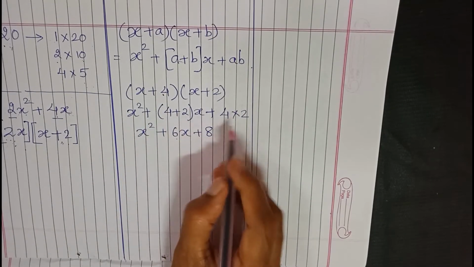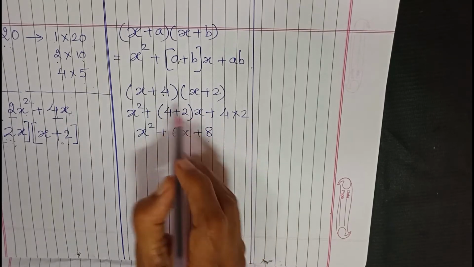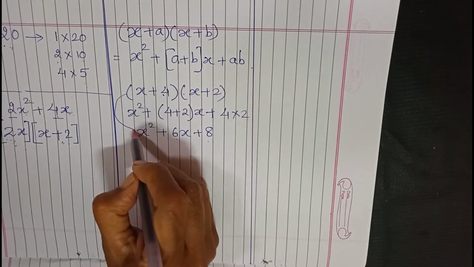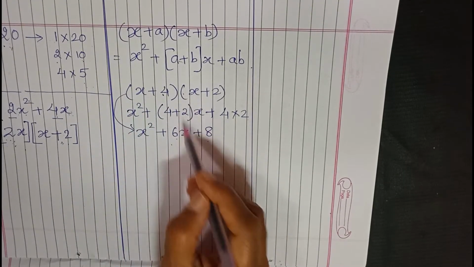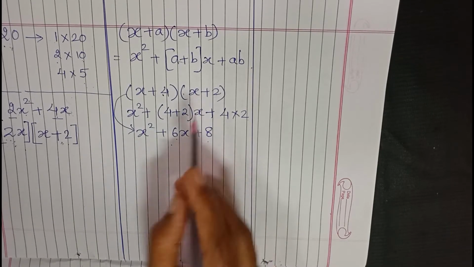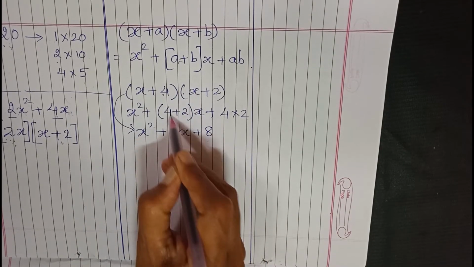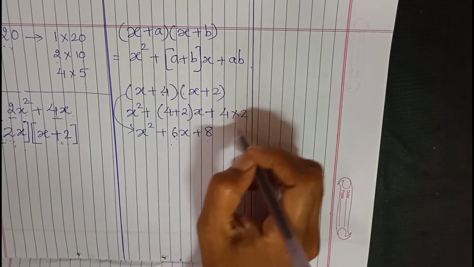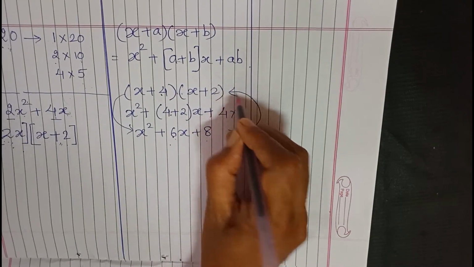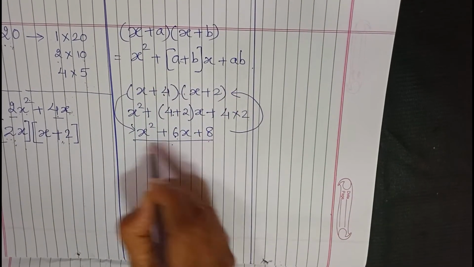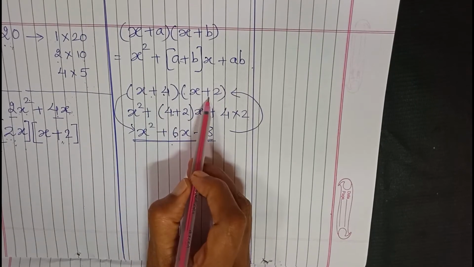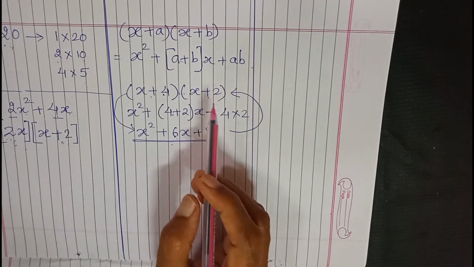4 plus 2 is 6 and 4 into 2 is 8. So you can see from here we got an algebraic expression. So this was expansion. But when you go the reverse way, that is from down to up, then it becomes factorization. That is when I convert any trinomial or a polynomial into two brackets, it is called factorization.